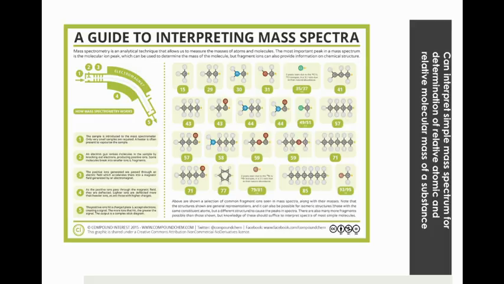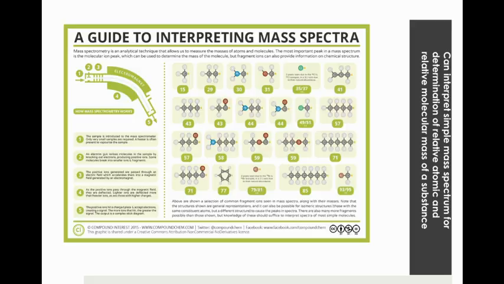When a mass spectrograph ionizes the substance that has been put in the machine, it ionizes everything it sees. And depending upon the length of the carbon compound, for example, that we look at, it will tend to break sigma bonds.